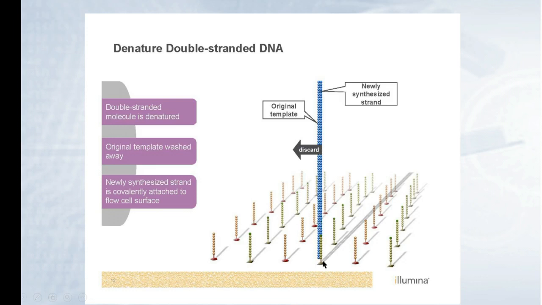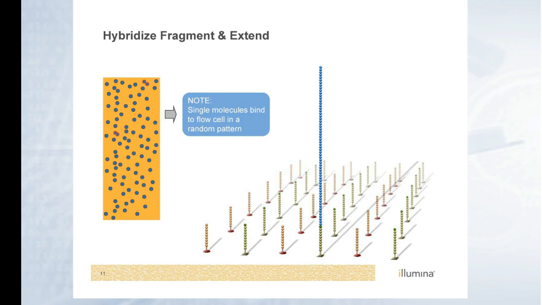And all you'll have is this one, but it's attached to the glass. So you have a single molecule, and this has happened hundreds of millions of times on the inside of that glass slide. Different fragments have annealed and been copied all over the inside of the glass on both surfaces.